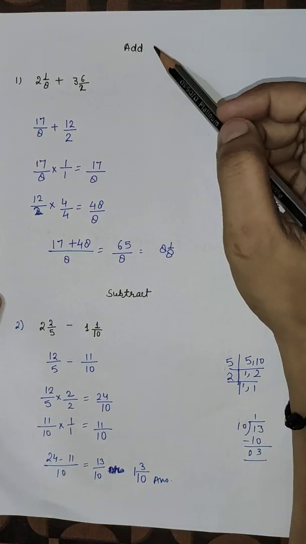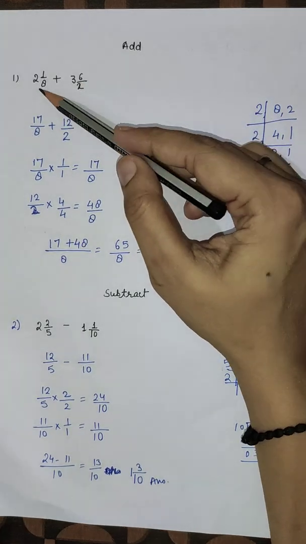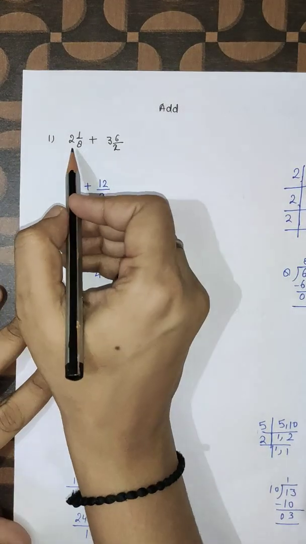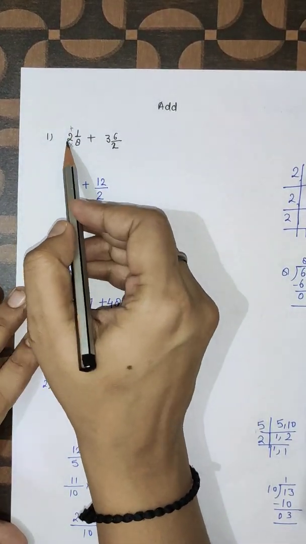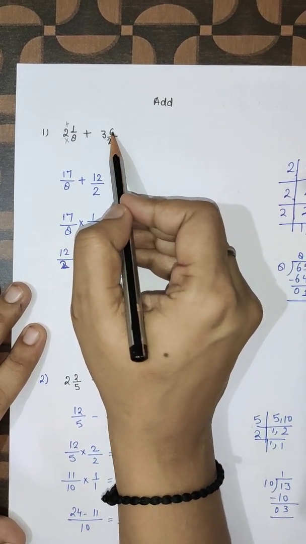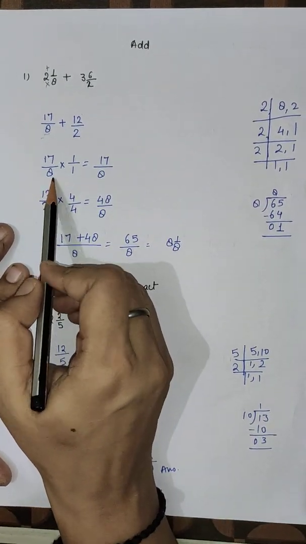Now add. This is a mixed fraction, 2 1 by 8 and 3 6 by 2. So in this type of question, first of all we will multiply this by this and then plus 1. Then 8 2s are 16 plus 1, 17 by 8, plus 2 3s are 6 plus 6, 12 by 2. Now this is the first digit, 17 by 8.